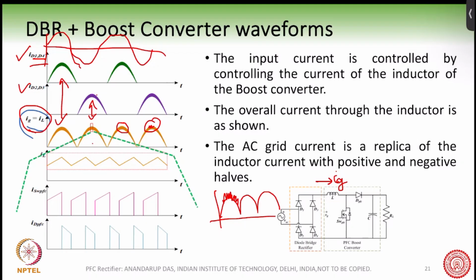The question is, how is this band of current coming? It is coming because of the operation of the boost converter. If you zoom into this band, you will see the inductor current basically. This is the zoomed portion, and it is shown here.